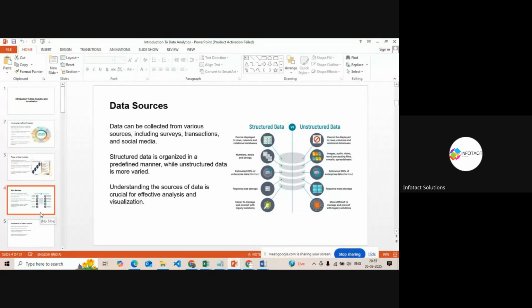Optimization to be discussed as well. Descriptive, diagnostic, predictive, prescriptive, all those I have discussed. Mean, median, mode, standard deviation already discussed. Optimization we have discussed.